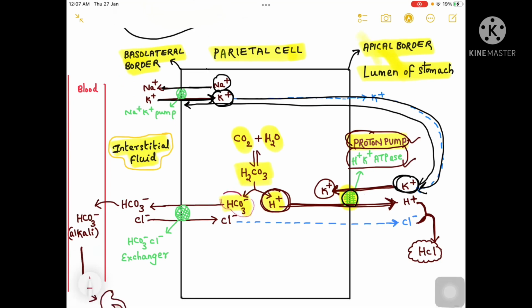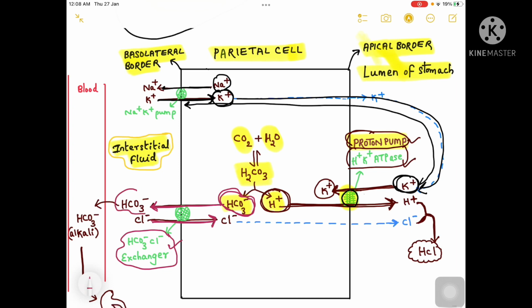If you come to this side, this is a bicarb ion. This bicarb ion goes out of the cell in exchange for one chloride ion with the help of an exchanger known as the HCO3 minus Cl minus exchanger. With the help of this exchanger, the bicarb ion moves out of the cell in exchange for one chloride ion.